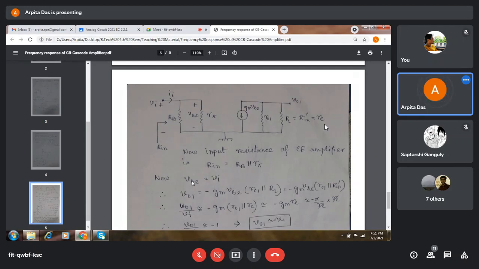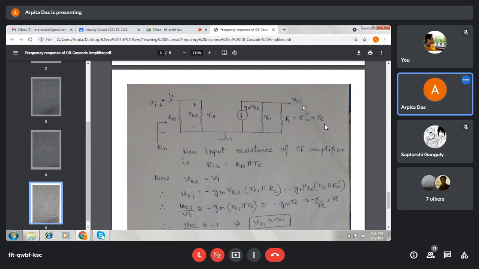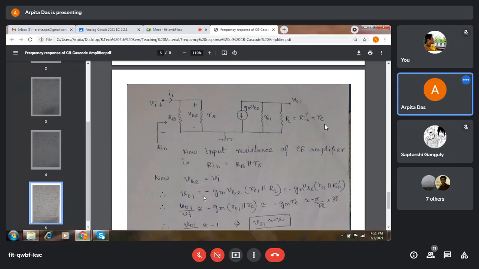So VB is equal to Vi. Now, what about VO1, the output voltage at this node with respect to ground? It is the current multiplied by the effective resistance at this node. What is that effective resistance? RO1 parallel RL, the effective load at this node.